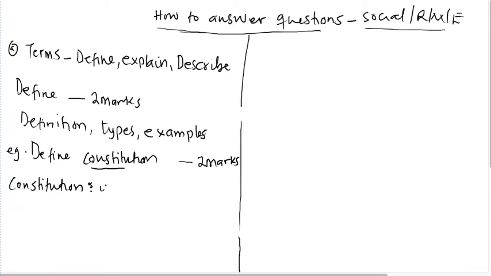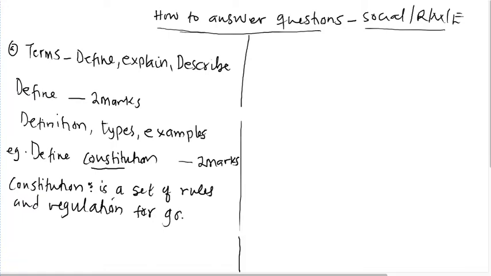Just a constitution is a set of rules and regulations for governing a country.